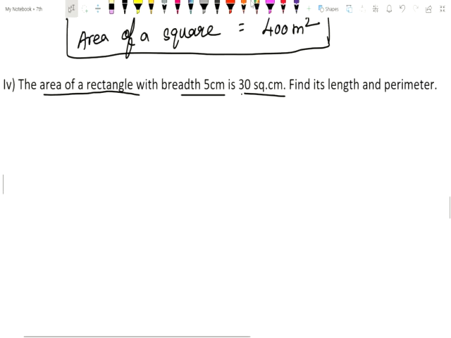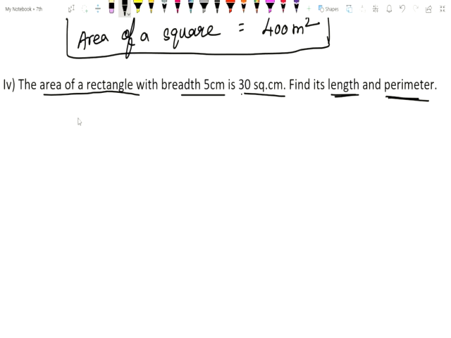Okay, see the question, children. I will repeat this. The area of a rectangle with breadth 5 centimeter is 30 square centimeter. So area is given, 30 square centimeter. Breadth is 5 centimeter. Find its length and perimeter. So we need to find out length of the rectangle as well as perimeter of the rectangle.